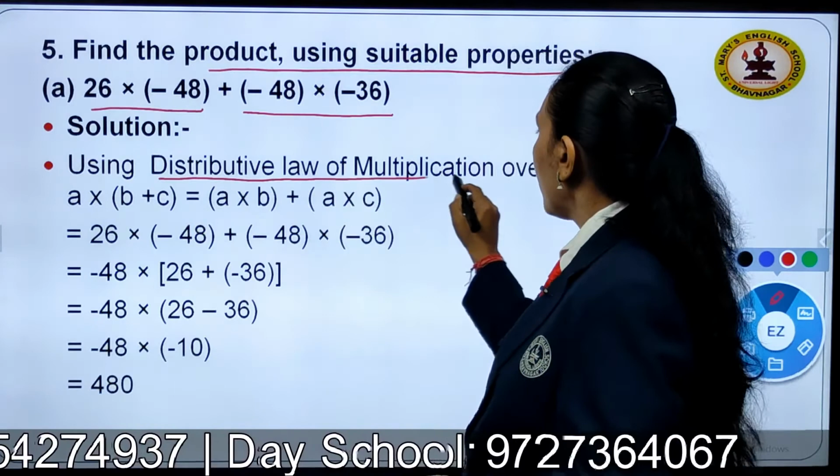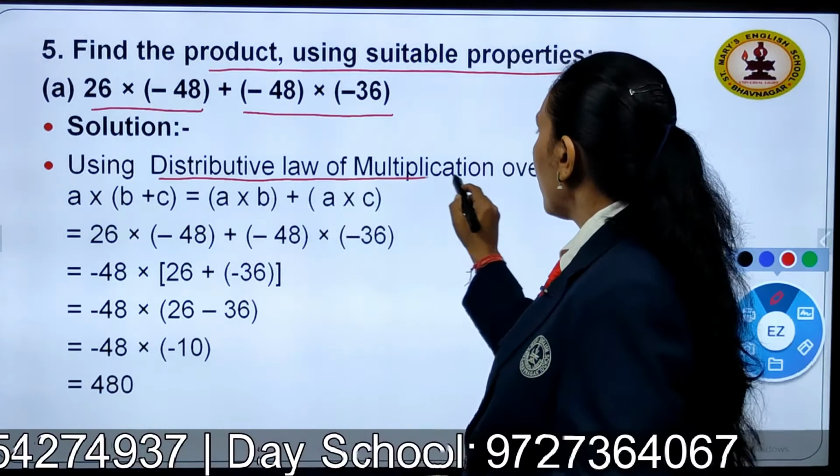Now we see question number 2. Just see, children, here 625 multiplied by minus 35 plus minus 625 multiplied by 65. Here you can see there are two parts.